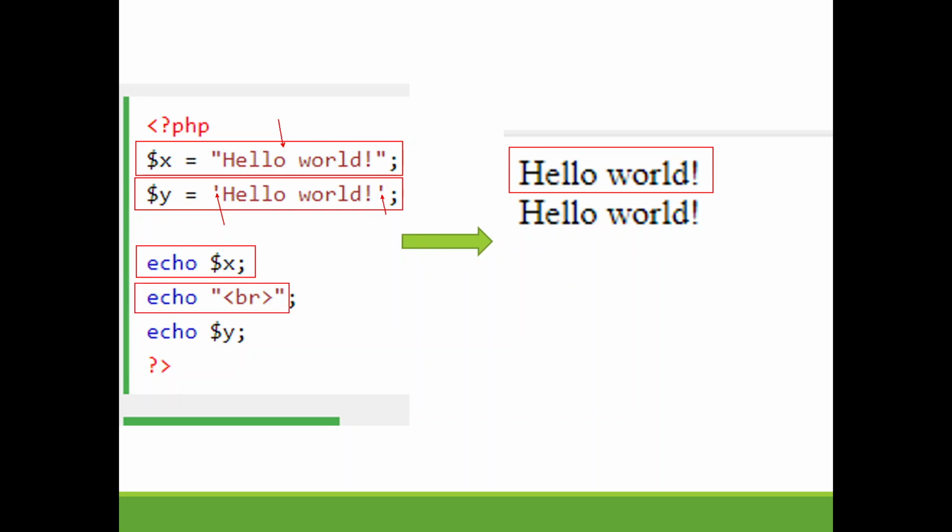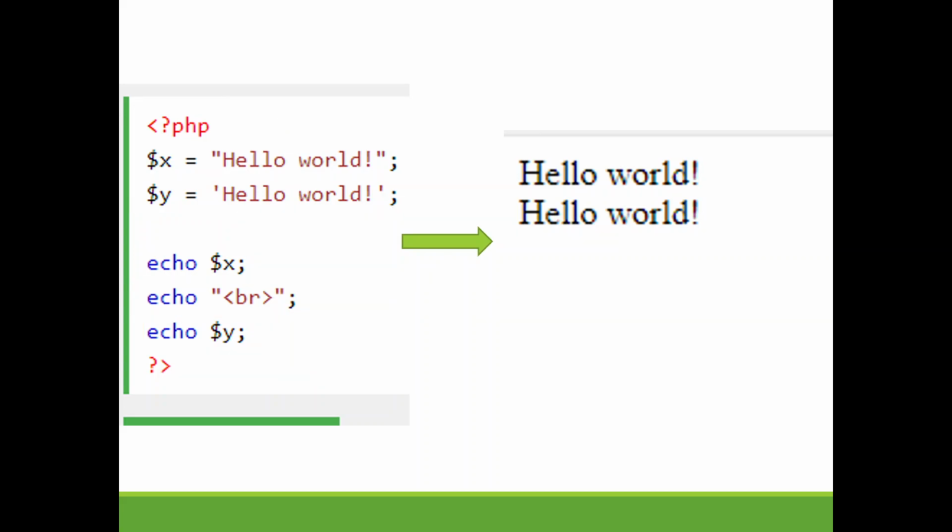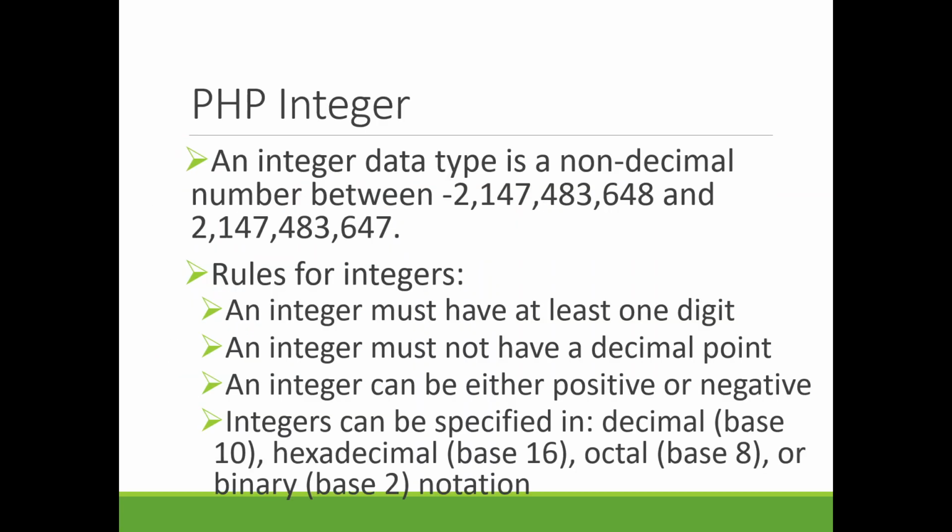BR is for break, that is used to insert a line break so that whatever is printed next begins on a new line. After that, we echo y, and y is also going to output the value hello world. So really, that is how strings are actually declared and assigned in PHP.